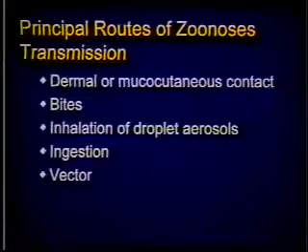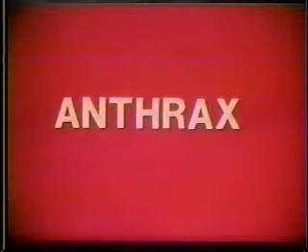Most of these transmissions are by direct contact, but we may also have indirect, such as with bites, for example in the case of rabies, the inhalation of the aerosol of the agents, the ingestion, such as with food hygiene, and then with vectors, the animate invertebrates such as ticks or mosquitoes that play a role in the life cycle of many zoonotic diseases.